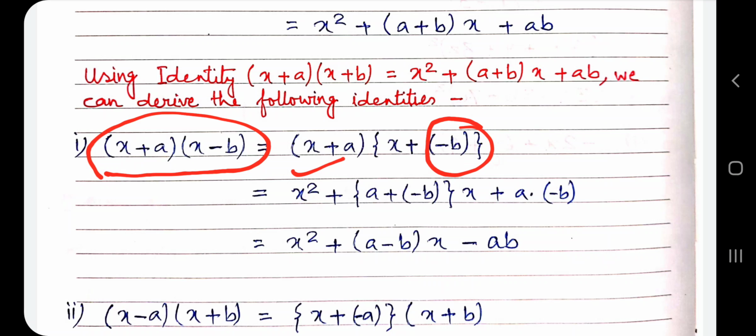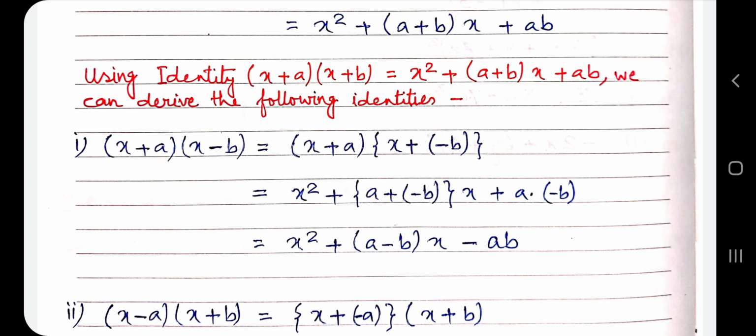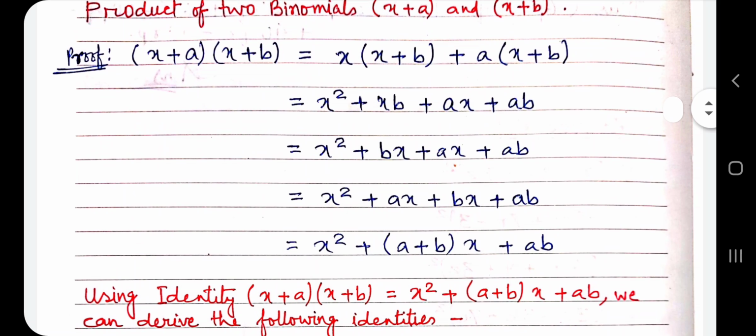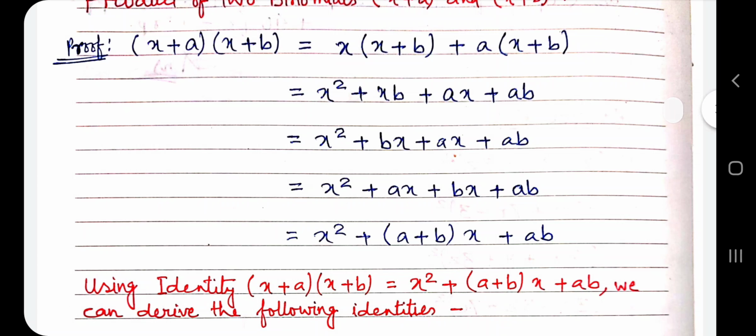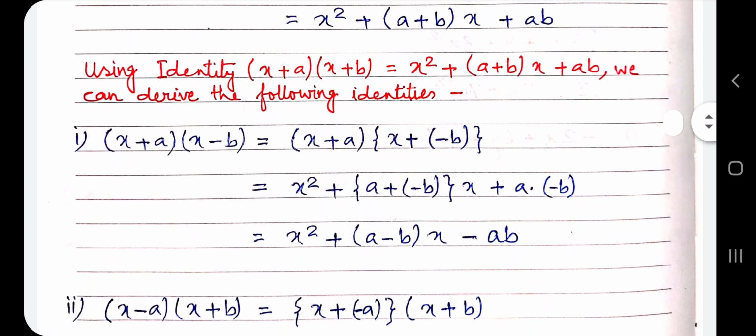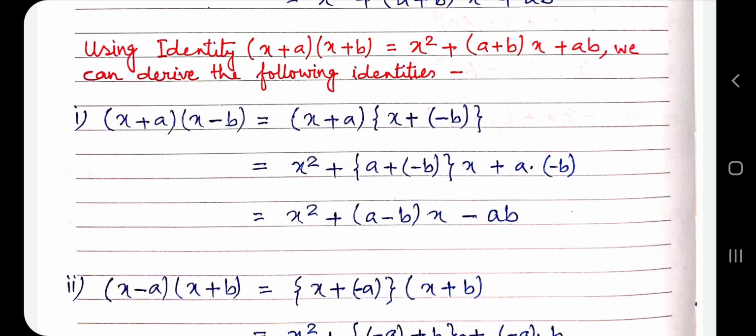Now if we compare this part with the given identity, then we can say that x is equal to x and a is equal to a, but minus b has come at the place of b.